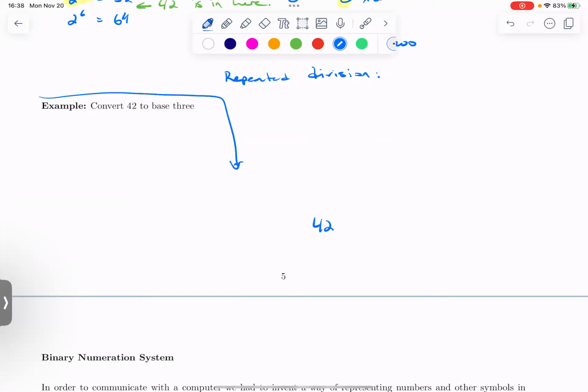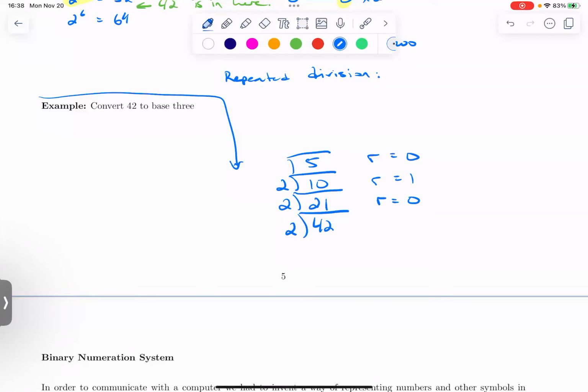So I'll start down here. 42 divided by 2 is 21 with a remainder of 0. 21 divided by 2 is 10 with a remainder of 1. 10 divided by 2 is 5 with a remainder of 0.